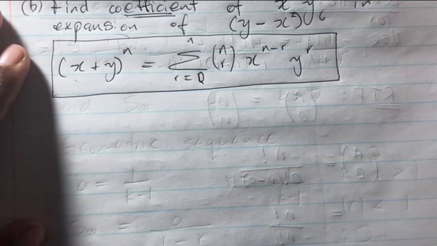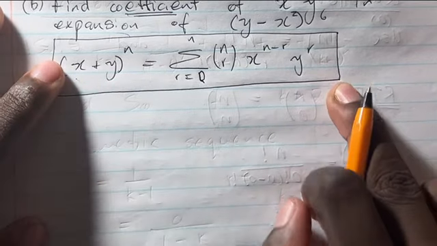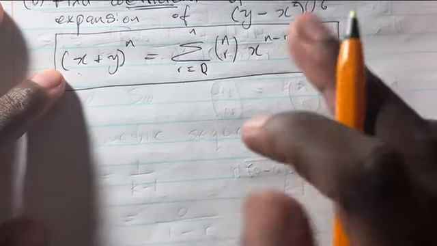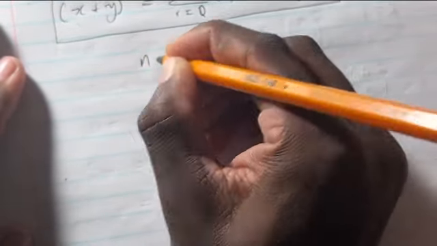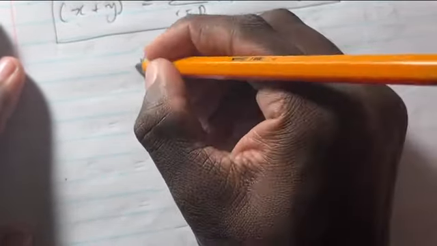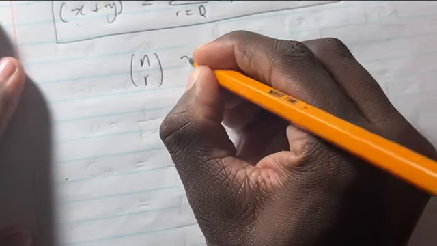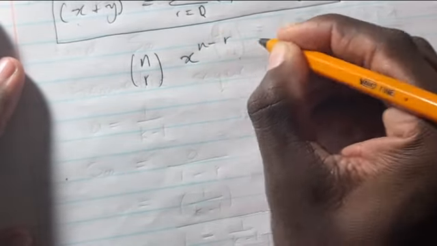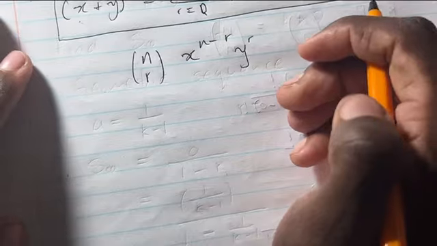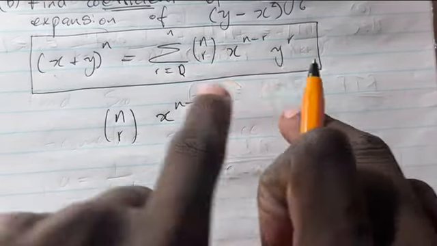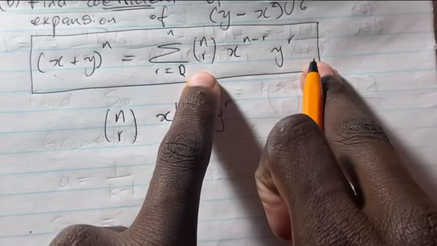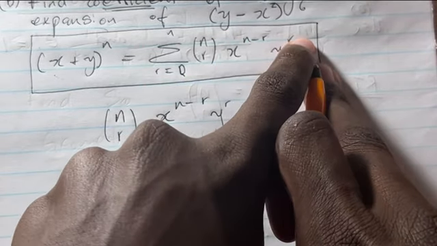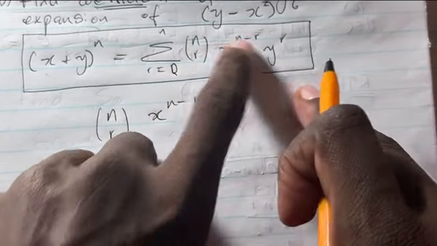Okay, however, given that this is the expansion, a general term can be given by n choose R, x to the n minus R, y to the R. Because remember, this is a sum, which means you have the first term where R is 0, it's exactly this thing, then the second term is exactly this thing, but R is 1.